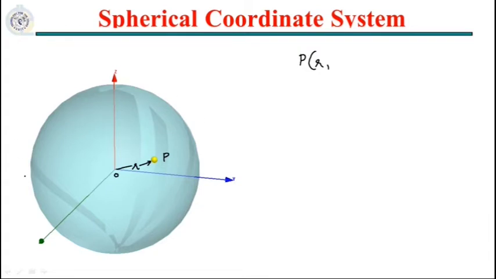We are not sure about it, but it is somewhere on the surface because it is at some radius r, and this radius r is the radius of the sphere. Fine. So we have defined the first parameter that is required to define a point. Now let's look at the other parameters.